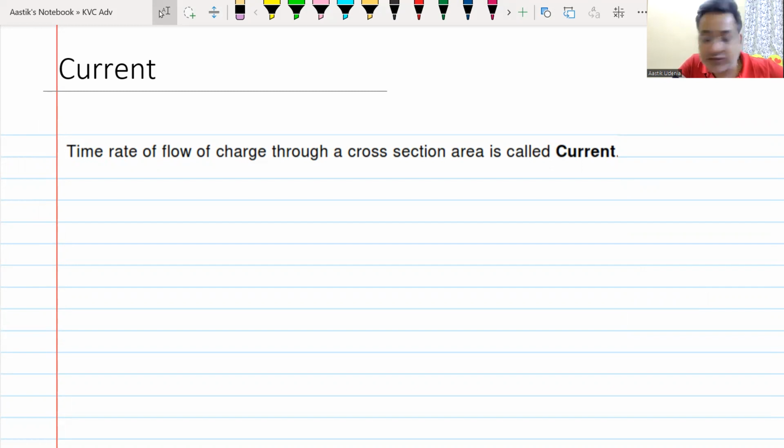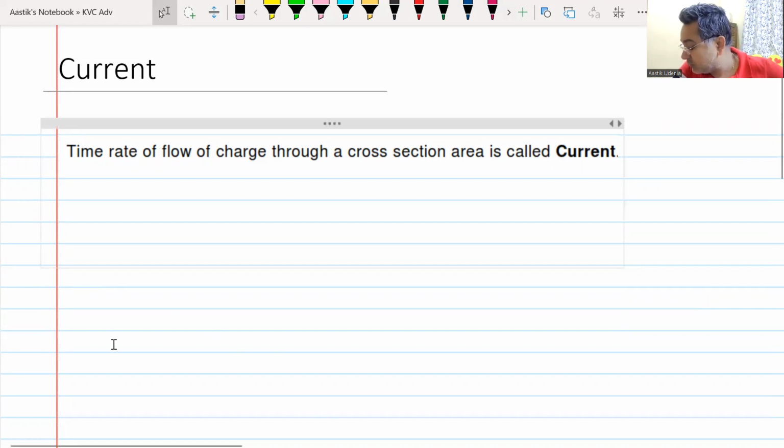One is the average current. What do you mean by average current? One we can talk about is average current, and the other one is instantaneous current.